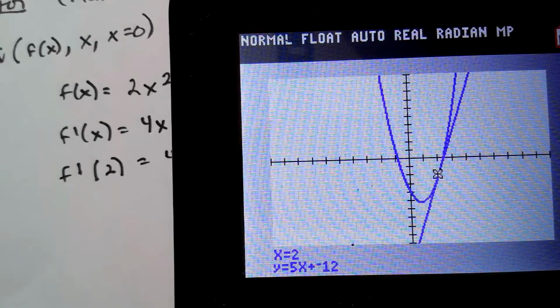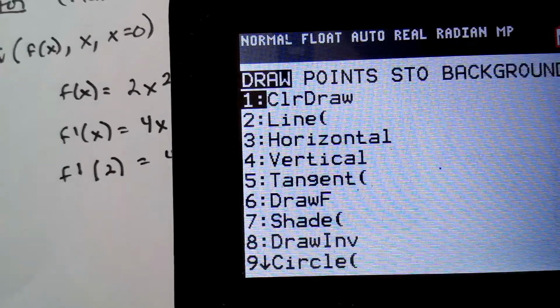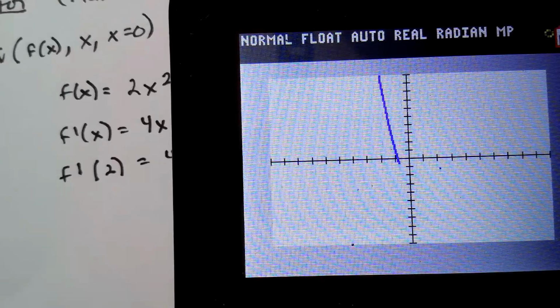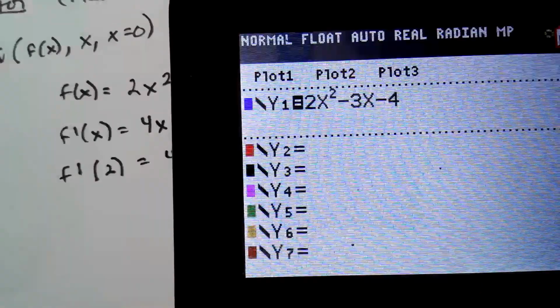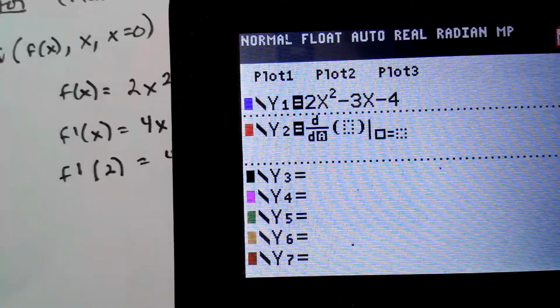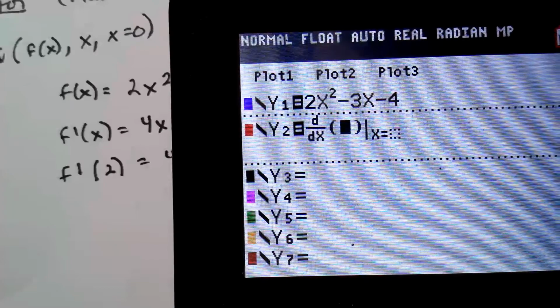Another way you can do it, so let me just clear that drawing and keep the original graph. Another way you can do it is you can go to y equals and go down to y2, say, and press math 8. Again, we put an x here.